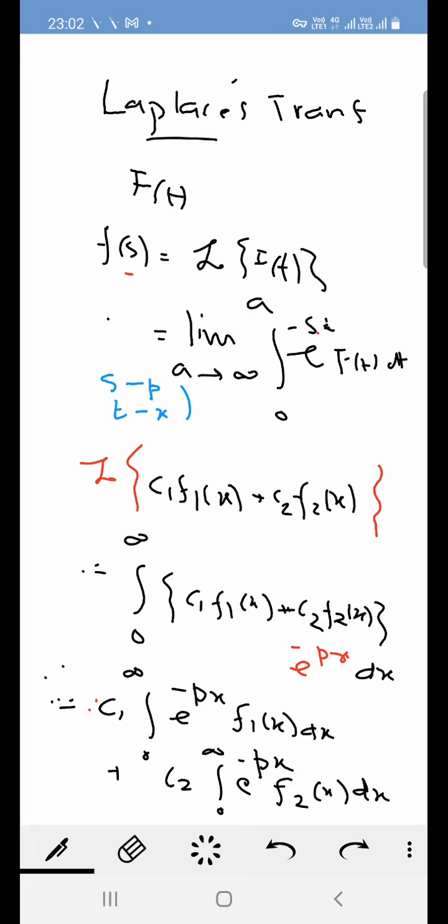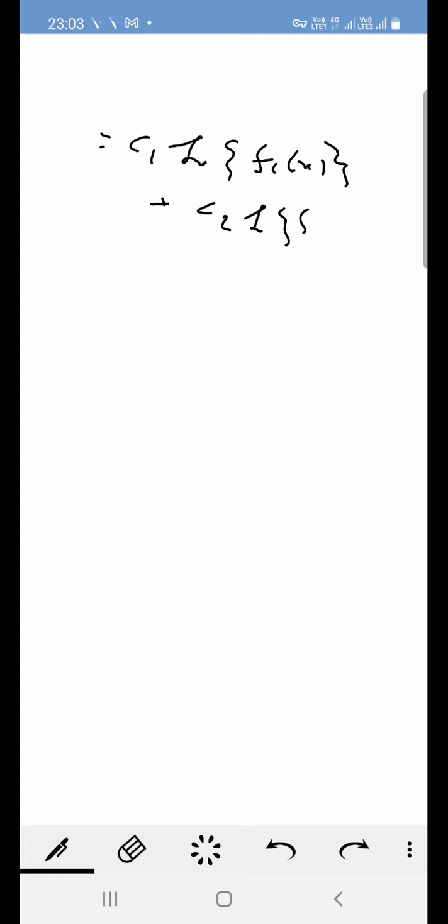That is again equal to C1 L of f1(x) plus C2 L of f2(x).